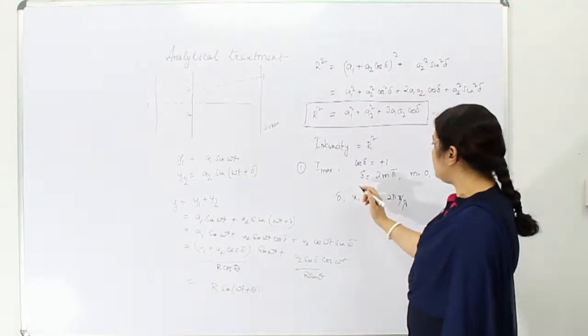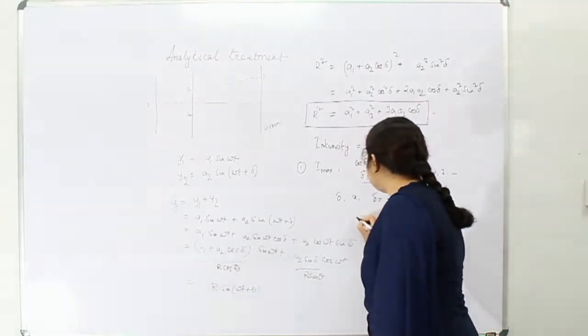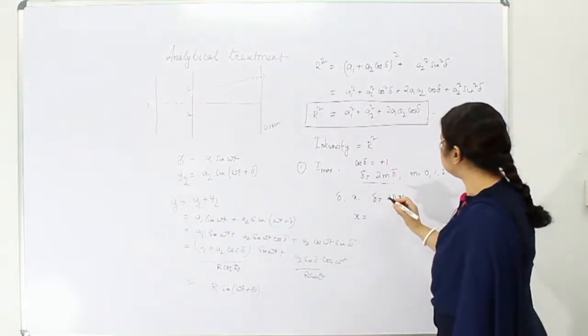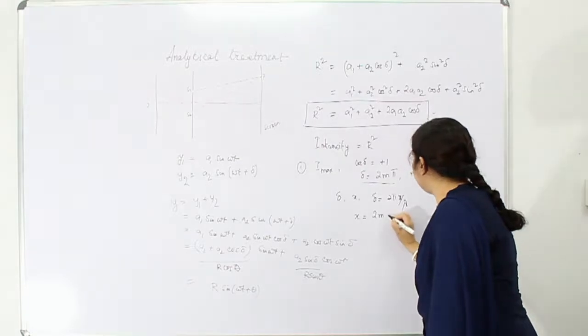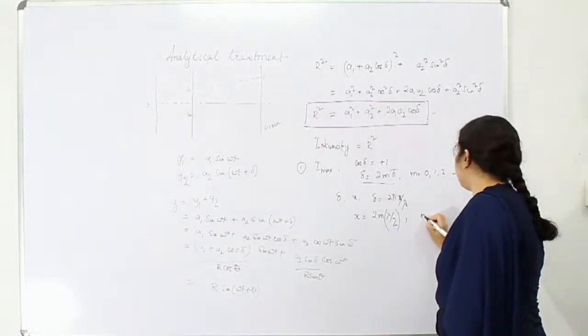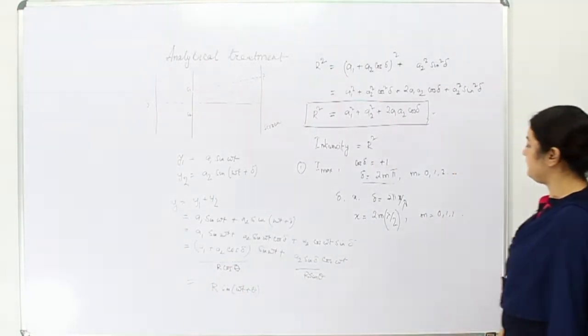Now here, if delta is this, then the path difference is obtained as m lambda by 2, where m is equal to 0, 1, 2.